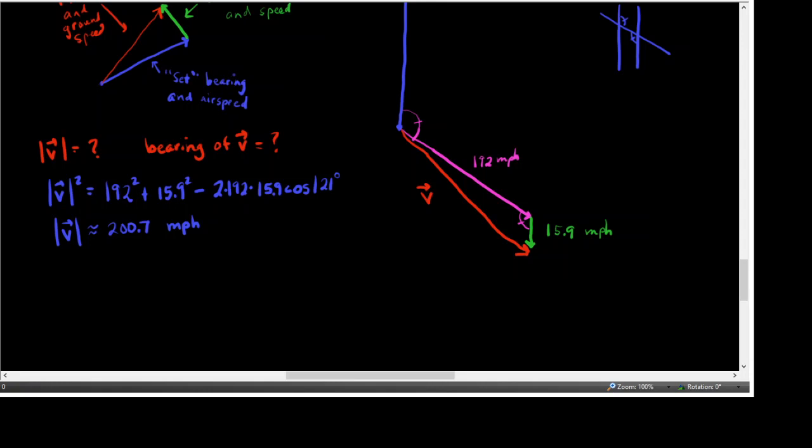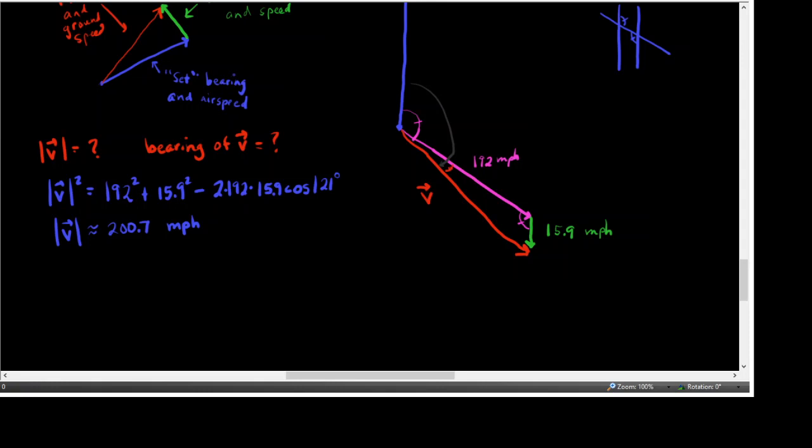And you'd want to store that in your calculator. Now, to find the bearing, we're going to need to find the angle here, and add it to the pink one to get our bearing, which will be that angle.